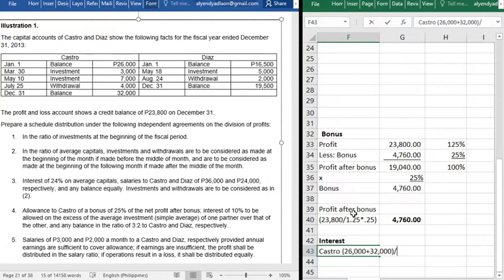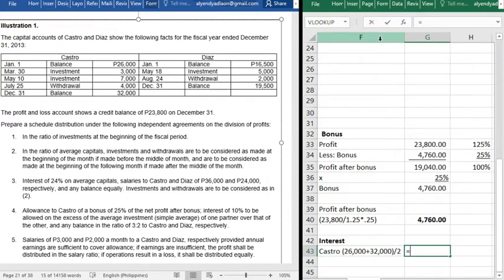And then divided by 2. So 26 plus 32 divided by 2, that is 29,000.